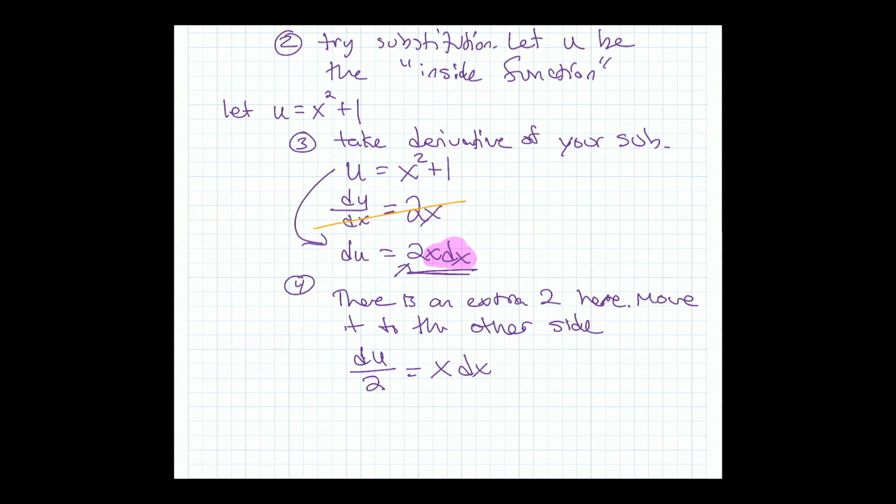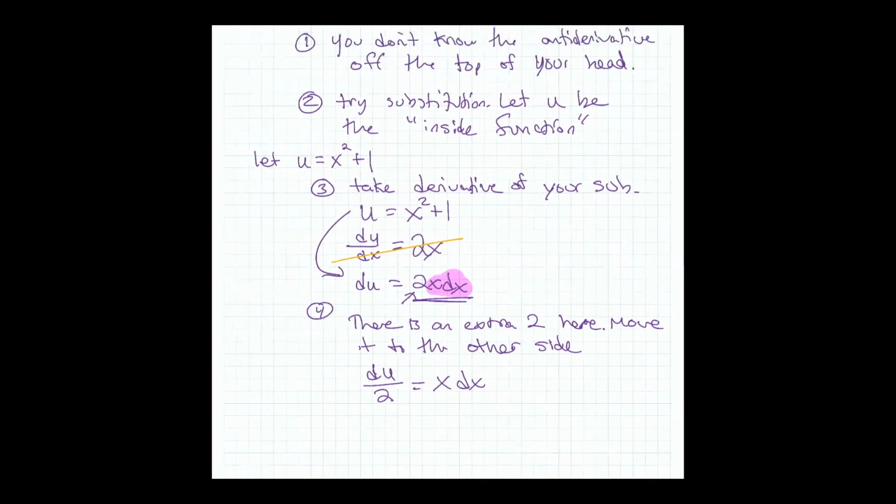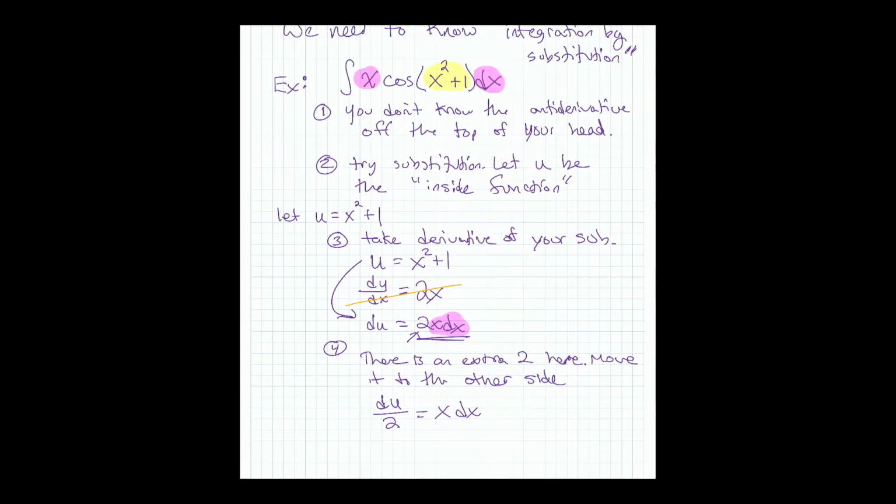All right. And this is what we want to have. So let's just take stock of where we are here. We have this x squared plus 1 in the function, and x squared plus 1 is actually u.